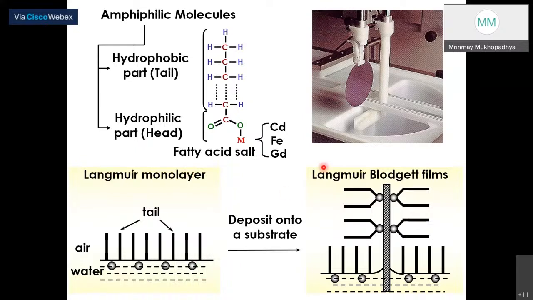So how does it go there? You have a head part here and the tail projecting out, and you can form a monolayer of molecules. This is similar to what you see in Newton's rings. You probably remember that if you put a drop of oil on the water surface, it shows some red, green, blue colors.